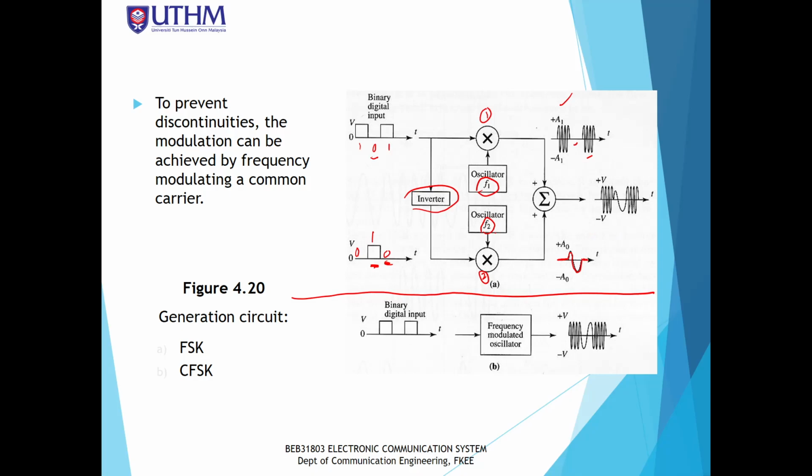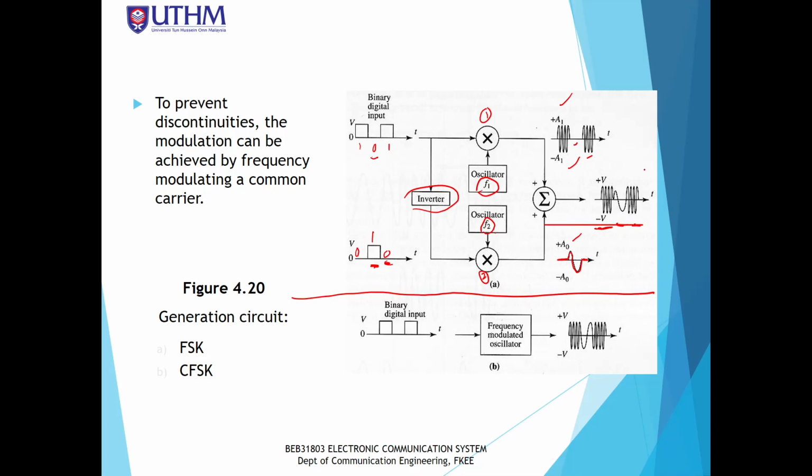Now it is passed through the summer to sum up the output from the first balance modulator and the output from the second balance modulator. We just add up both signals, so the output has a high frequency signal, low frequency signal, high frequency signal.